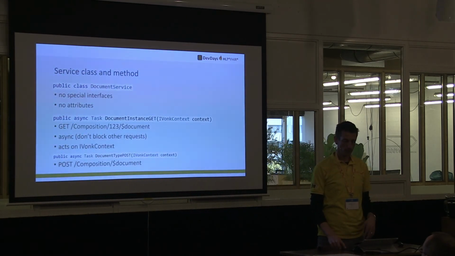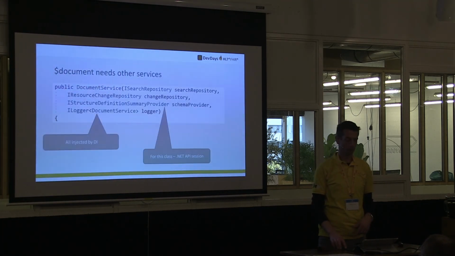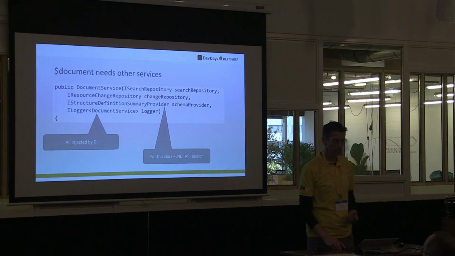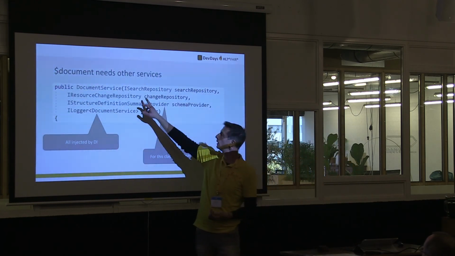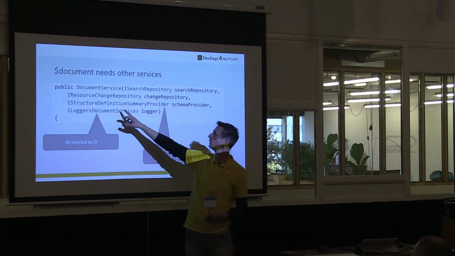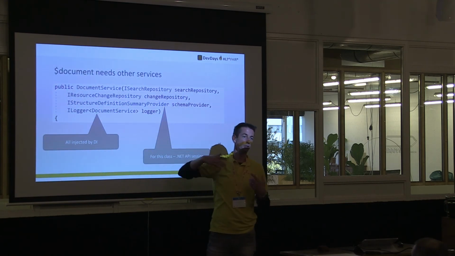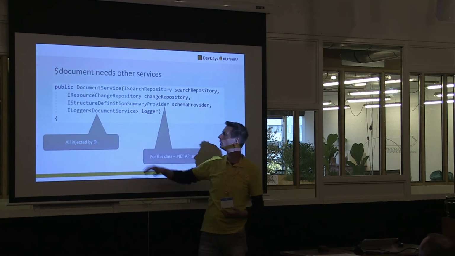We make service classes and methods. So you see the methods and the document service class. It's very much like the Hello DevDays, but then real work. Here we need other services. We need the search repository to find the resources being referenced. We need the change repository if we want to save the resulting bundle.